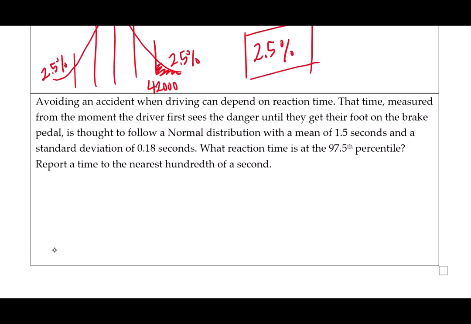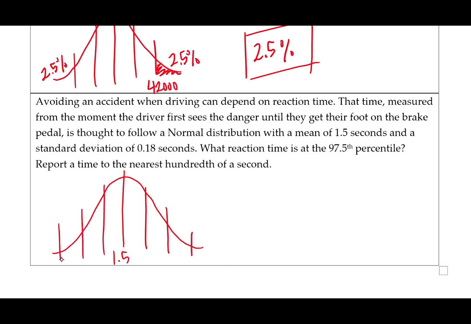So I'm going to draw my bell-shaped curve again. And in the middle, I'm going to put the mean of 1.5. If I label my lines, 1 standard deviation above the mean is 1.5 plus 0.18, which is 1.68. 2 standard deviations above the mean is 1.68 plus another 0.18, which is 1.86.